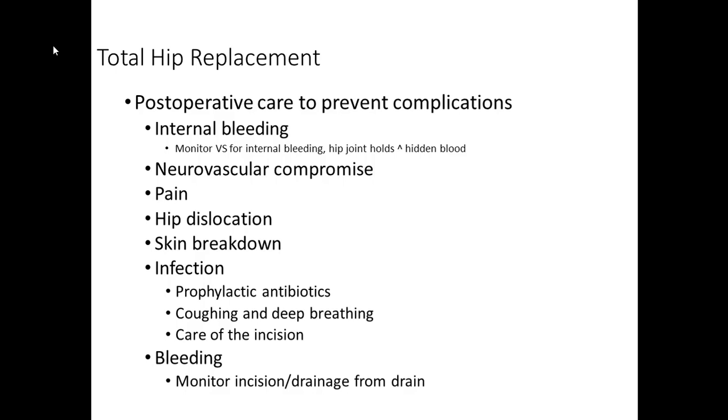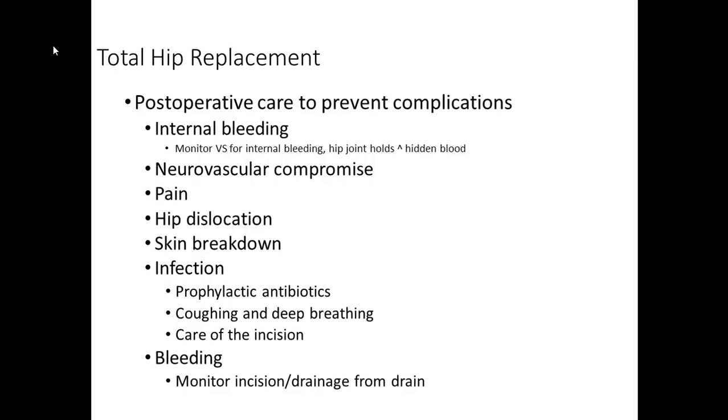Hip dislocation. We need to help them remember all of the protocols for having a hip done. These people can't cross their legs, not even at the ankles. They have to keep their legs uncrossed at all times.